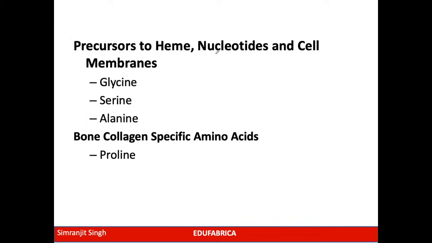Further, precursors to heme, nucleotides, and cells, for the membrane proteins, will be glycine, serine, alanine. And for bone collagen, the specific amino acid is proline. So these are the various characterizations of all these 20 amino acids according to their functions.